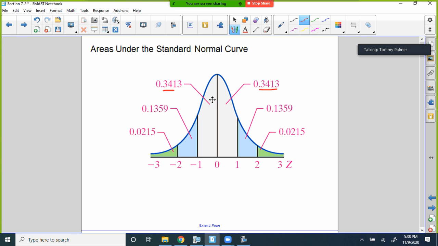How do you think they got 68%? How do you think they got 95%? How much is between 1 and 2? Well, 13.5%, right? Okay, -1 and -2, same. This symmetry. So where did this empirical rule come from? It has to deal with the area underneath the curves, those percentages, okay?